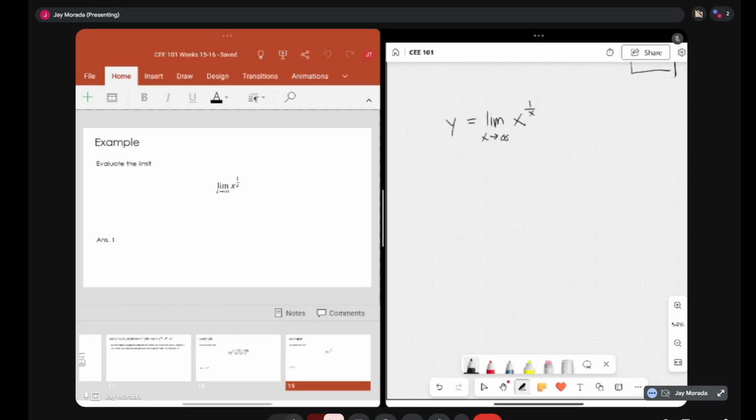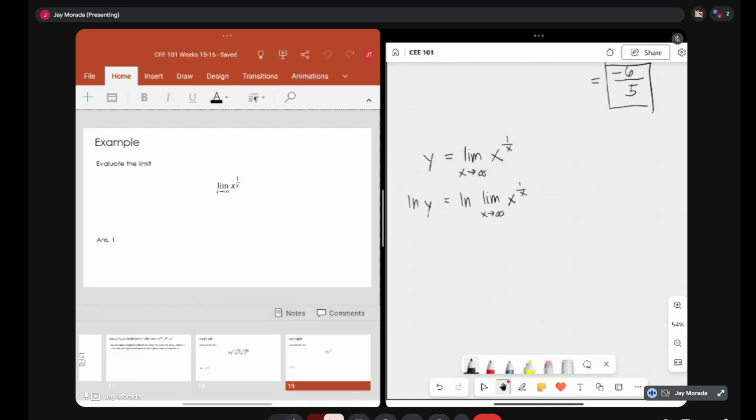Then we perform natural logarithm to both sides. So the left side will become ln y, and the right side will become ln of the limit of x raised to 1 over x as x approaches infinity. Oh, wait.